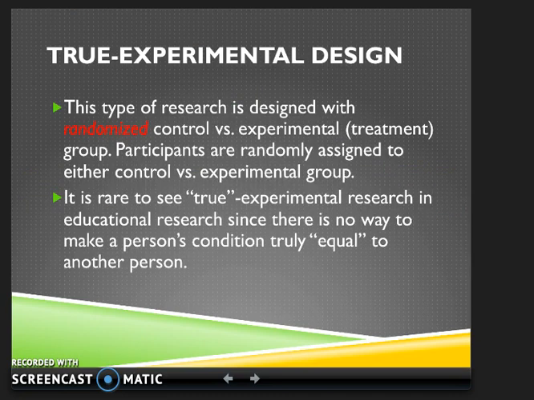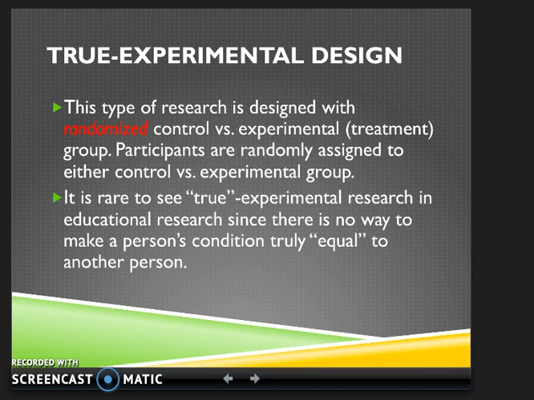For true experimental design, this type of research is designed with randomized control and experimental or treatment group. Participants are randomly assigned to either control versus experimental group. However, it's very rare in educational research to design this kind of true experimental research because in educational research, we are dealing with people, humans, which there's no way we can control people's conditions to be truly equal to other people.